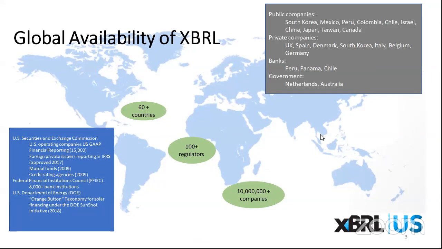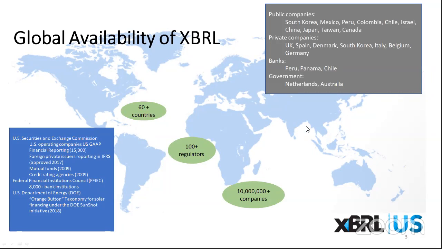In addition, the FFIEC, that's part of the FDIC, collects call report data on a quarterly basis. And the Department of Energy has embarked on an Orange Button program and as a result has built a taxonomy for solar project finance.